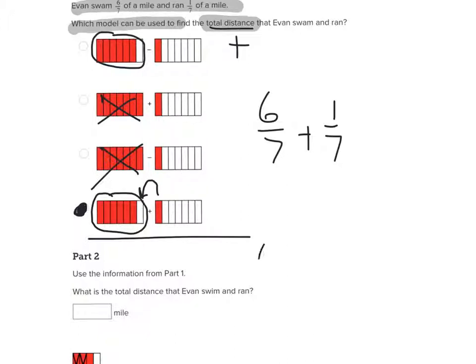So 6/7 plus 1/7 is equal to 7/7, which is equal to 1 whole. So it would actually look like one of these rectangles all the way shaded in. So he ran 1 mile. Got it? Okay, next one.